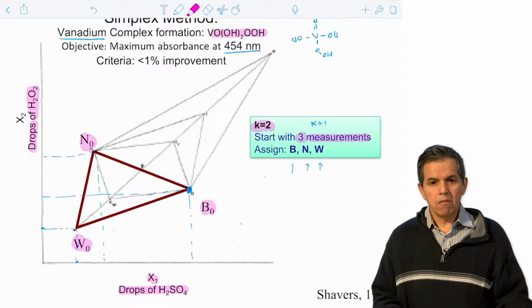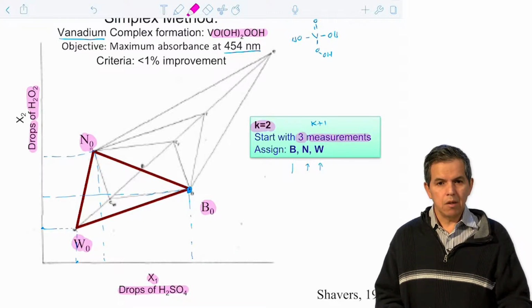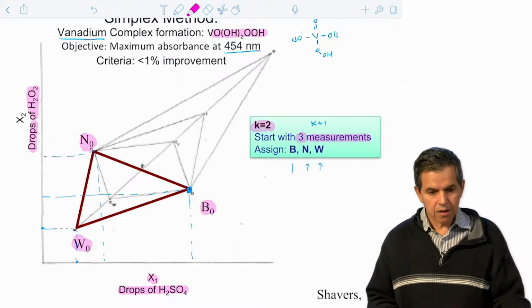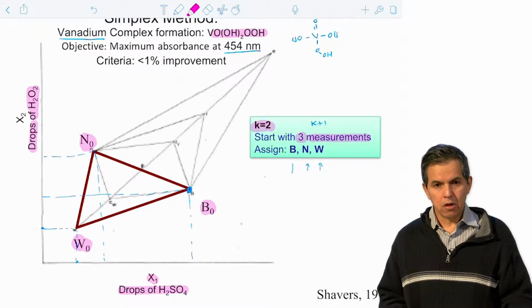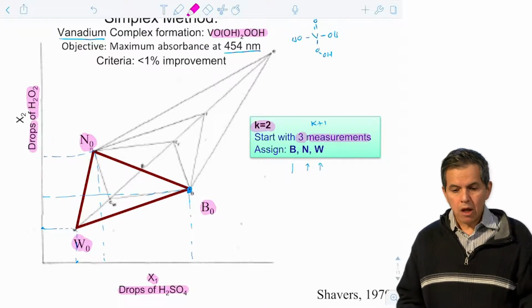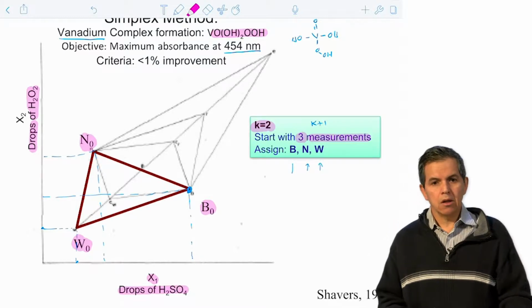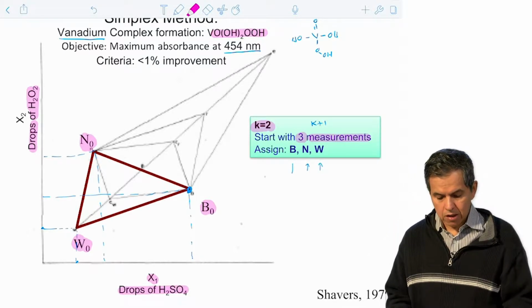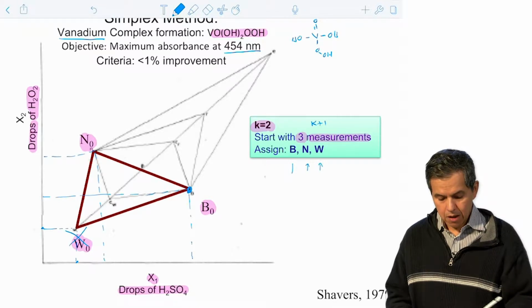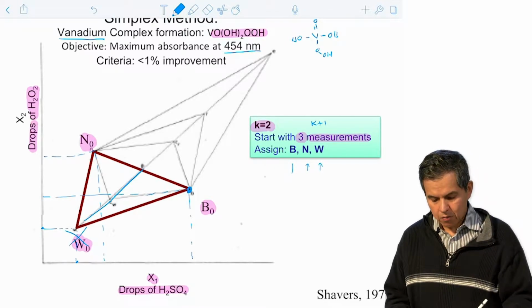So with these 3 measurements, the procedure implies that we have to guess what would be the best condition. What is the next measurement that we need to do? We want to really stay away from the worst conditions. So the tendency will be to move away from that and try to be as far as possible, but within reason.